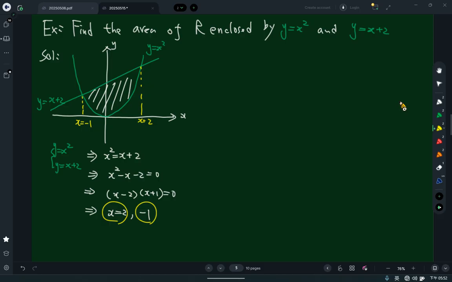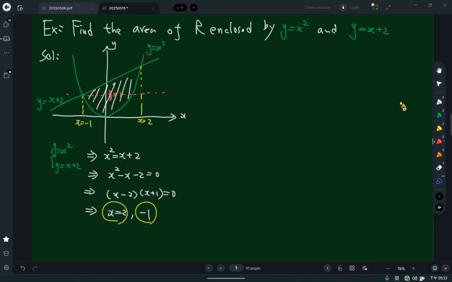At the same time, you can also get this point. Because x is equal to negative 1, the height will be 1, right? So y here is y is equal to 1.